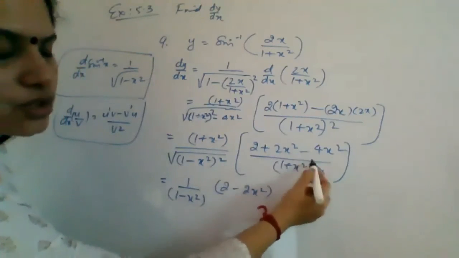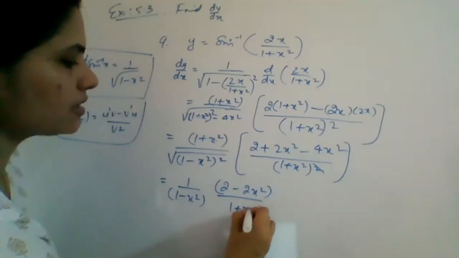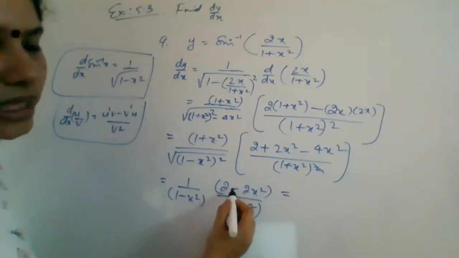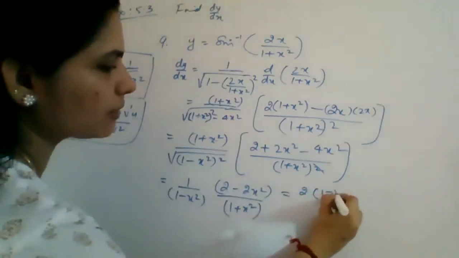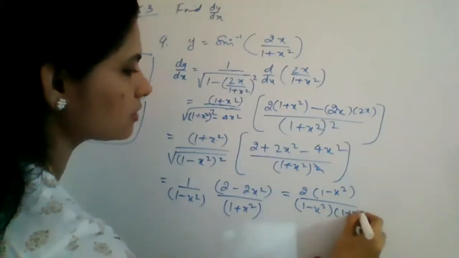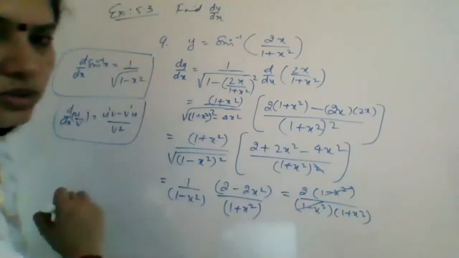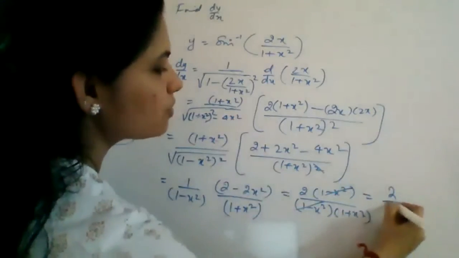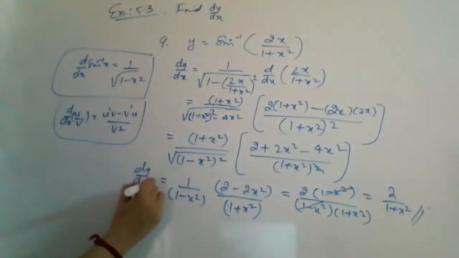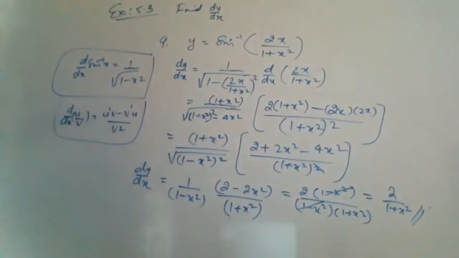These two will give you minus 2x square divided by 1 plus x square. Now again, from this you can take out 2. So this will give you 1 minus x square divided by 1 minus x square into 1 plus x square. Again, you can cancel these two terms and your answer will be 2 by 1 plus x square. So your derivative dy by dx is 2 by 1 plus x square.